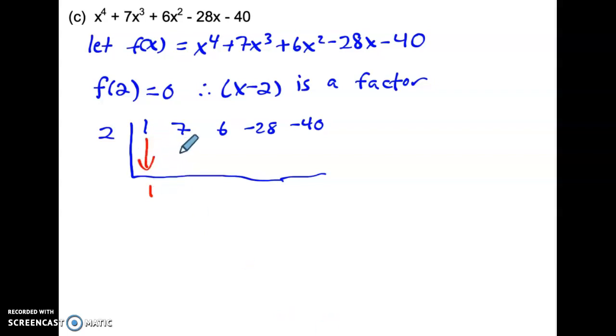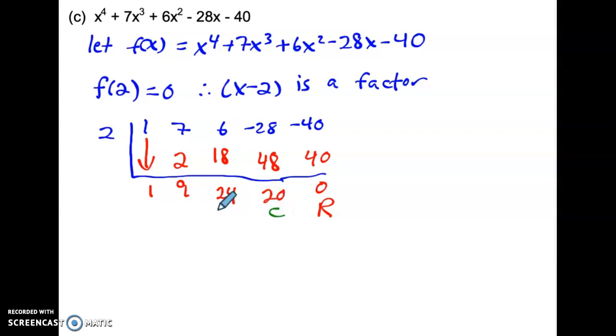So bring down my 1, multiply by 2. Add, multiply by 2. Add, multiply by 2. Add, multiply by 2, add. So I have my remainder of 0, which is exactly what I wanted.